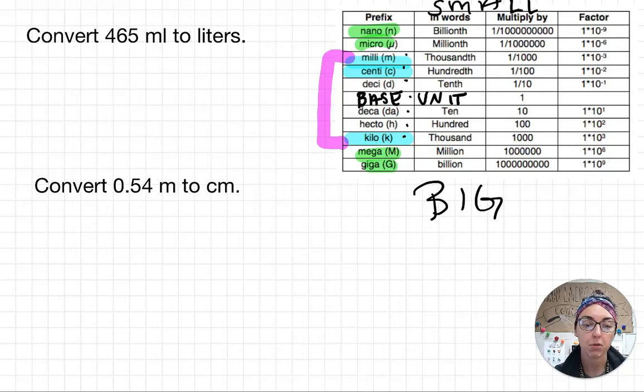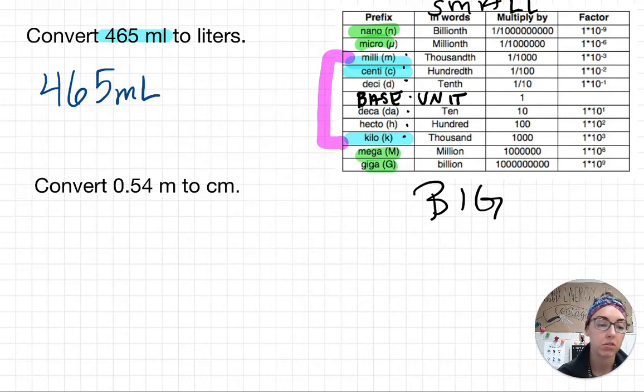So let's take a look at how we use this chart and these numbers. Here I've set up the question: convert 465 milliliters to liters. I'm always going to take what I'm given. So I am given 465 milliliters. I am going to multiply that by a unit ratio.